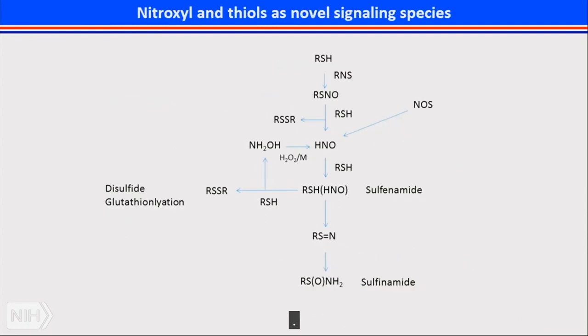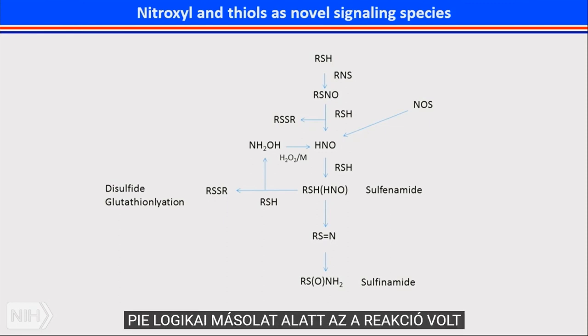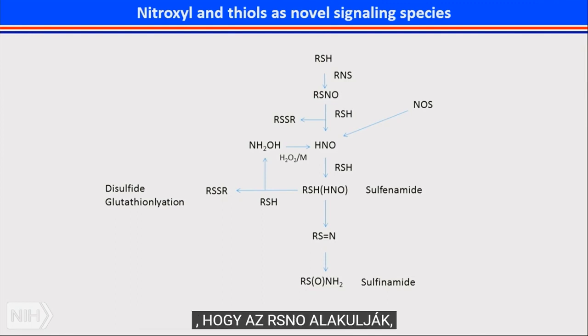So one of the key reactions under biological condition, as I mentioned, was reaction with thiol. So RNS can react with thiol to form RSNO, which can again be converted to produce HNO in the presence of GSH.